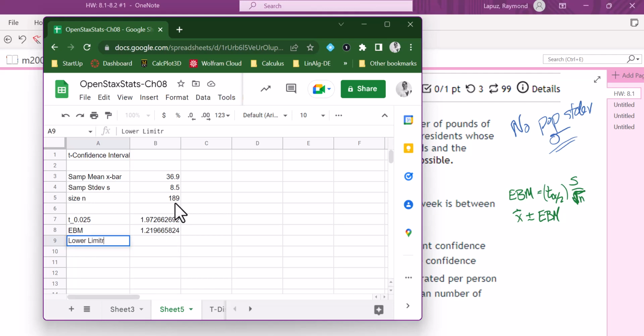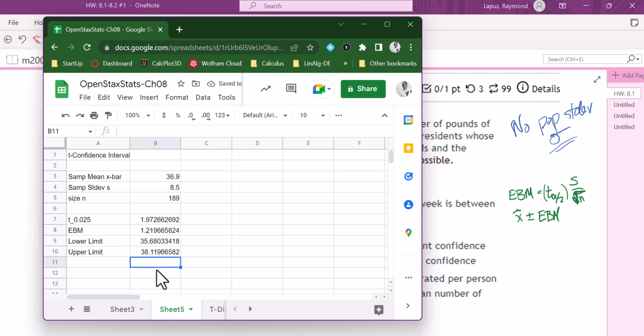I'll say lower limit, and I'll say equals the sample mean minus the EBM, and I'll press enter, and then upper limit, onto the next cell, say equals, again, the mean. This time I'll hit plus, and then the EBM, and then I'll press enter.